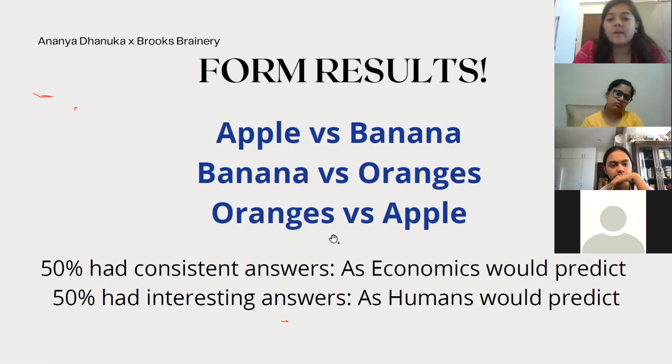That given apples and oranges, if I compare both of them to banana, I'm choosing apples and oranges. But there are situations where I might choose oranges over apples, or there's a weak preference between them, right? That apples are at least as preferred as oranges, if not less. And that was the interesting conclusion that we got from the form.